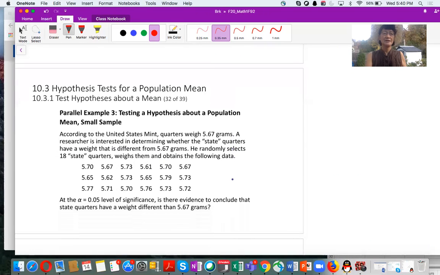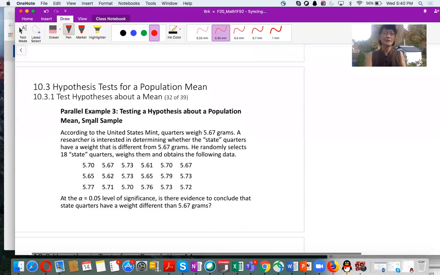Okay. And next, look at a small sample example. According to the United States Mint, quarters weigh 5.67 grams. A researcher is interested in determining whether the state quarters have a weight that is different from 5.67 grams.